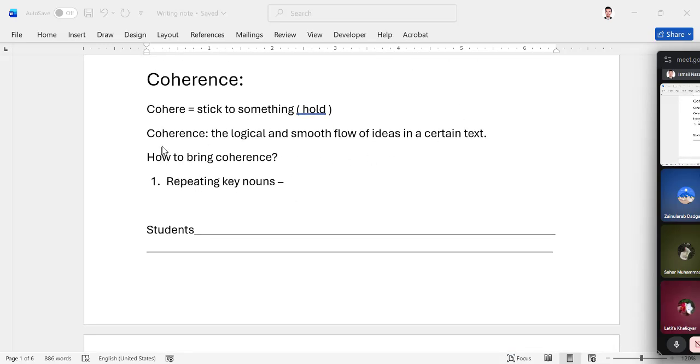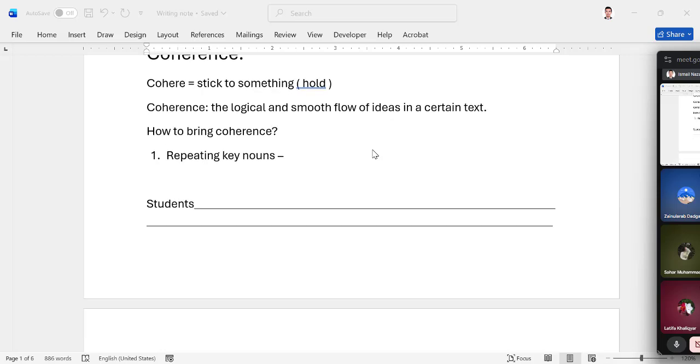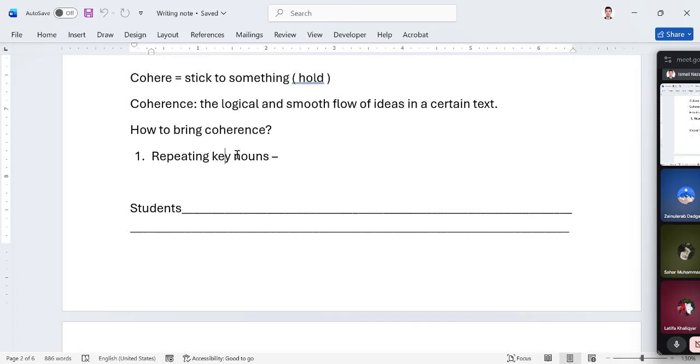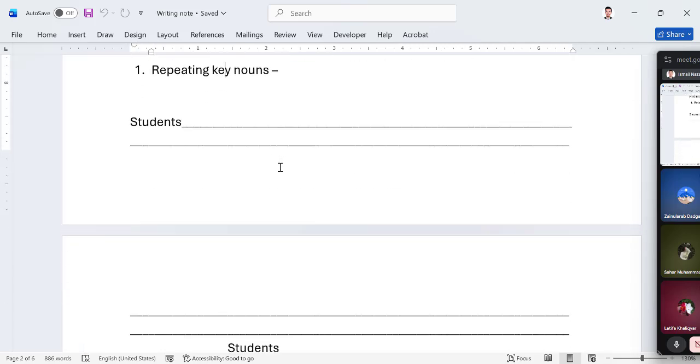With the coherence itself, we have mentioned that it is the logical and smooth flow of ideas in a certain text. And then we discussed how to bring coherence. One of the ways was to repeat key nouns inside our writing.